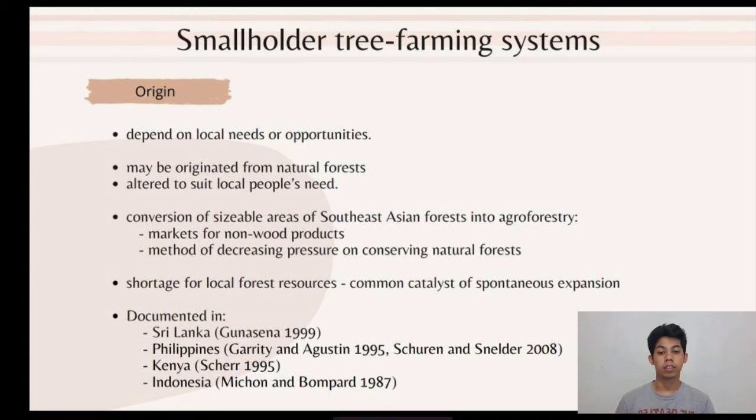In deforested regions, a shortage of local forest resource is often the catalyst of spontaneous expansion of smallholder agroforestry system. And this type of farmer-led spontaneous smallholder tree farm development has been documented in various places such as Sri Lanka, Philippines, and Indonesia.